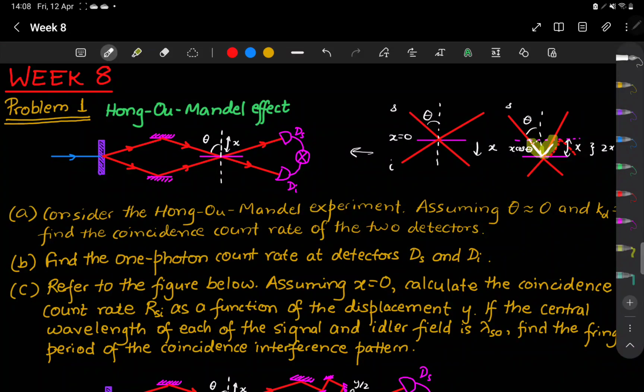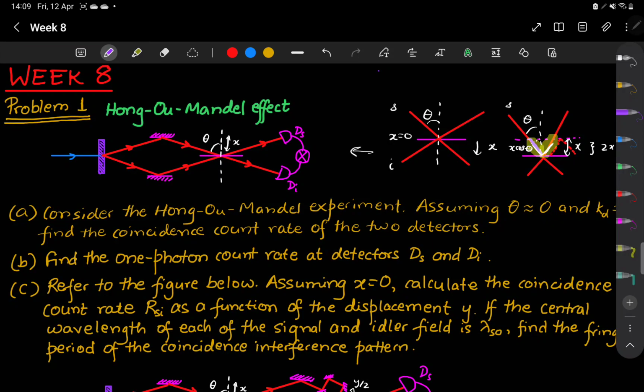I'm running out of colors, but anyway, someone just pointed out that this extra path, this part that is there, should actually be different.